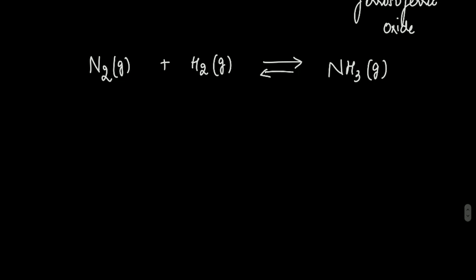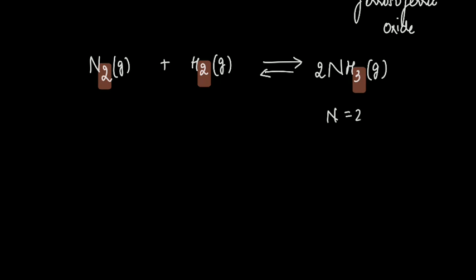So if we see nitrogen, we have 2 atoms, hydrogen 2 on the left hand side, and on the right hand side we have one atom of nitrogen. If we have no number with any atom, that means it's 1, and hydrogen we have 3 atoms. So if we need to balance it, first we can start with the nitrogen. If I put 2 over here, at least nitrogen is done.